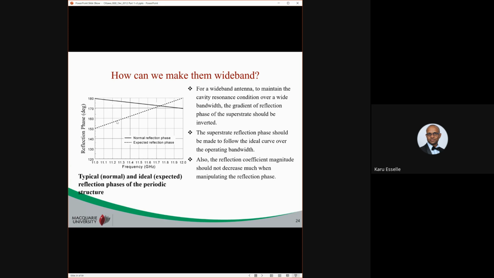It should increase linearly with frequency in a particular way. But a lot of superstructures behave like this. So how do you get this kind of phase from a superstructure, right? That was the question. This is the ideal one. This is the actual one with standard superstructures.